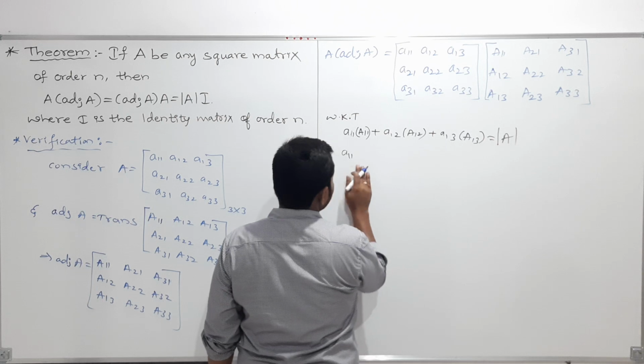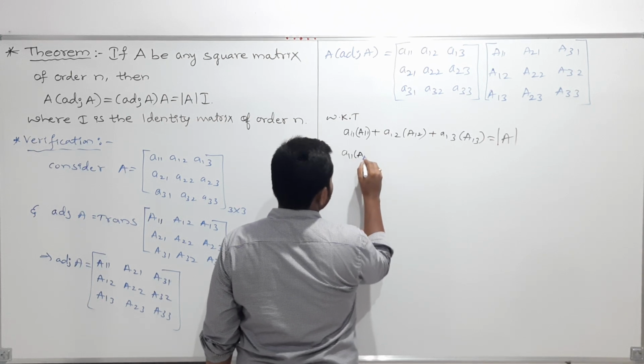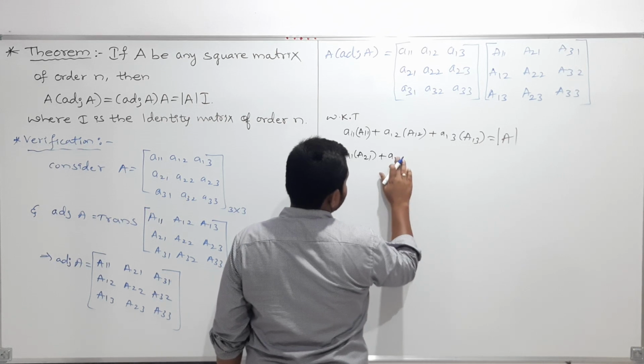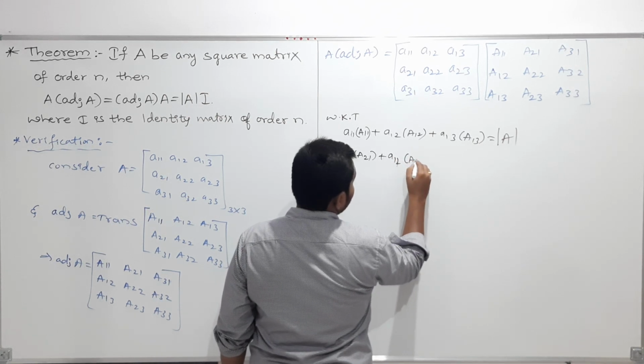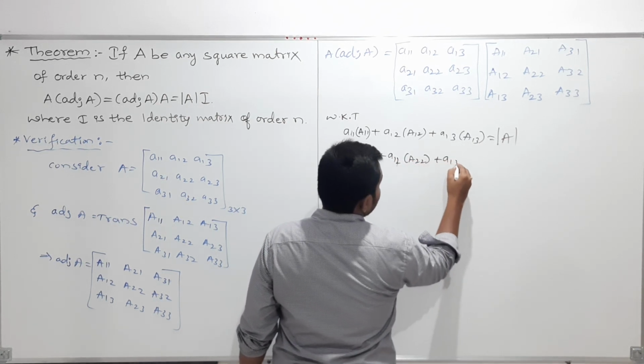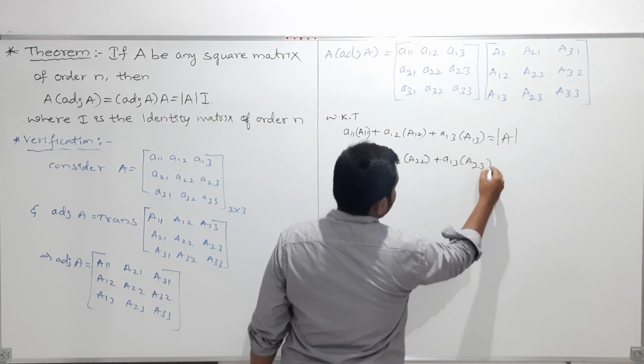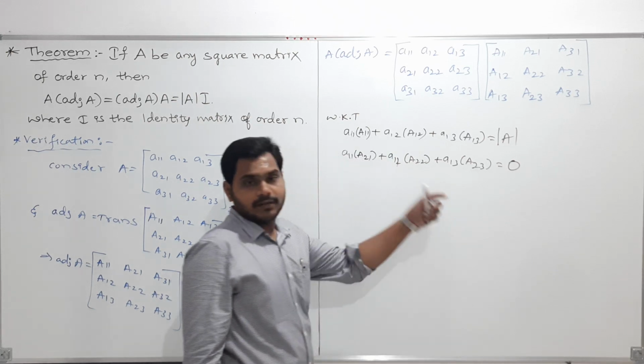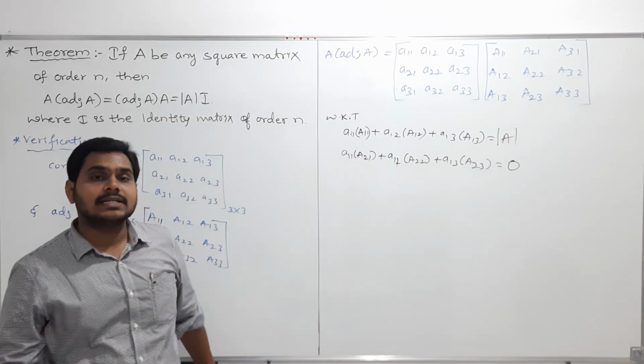For example, you can take A11 into capital A21 plus A12 into capital A22 plus A13 into capital A23. This will give you a determinant value equal to 0. These are the two results I discussed.